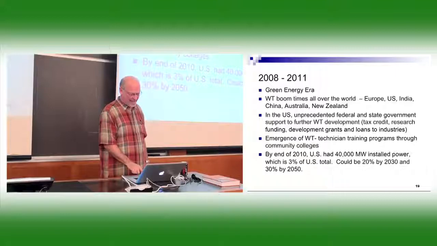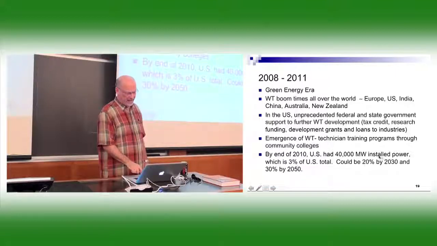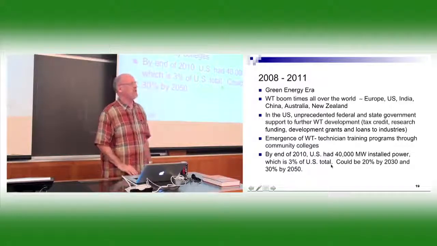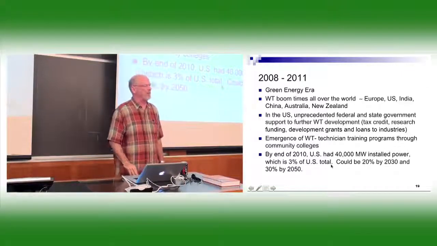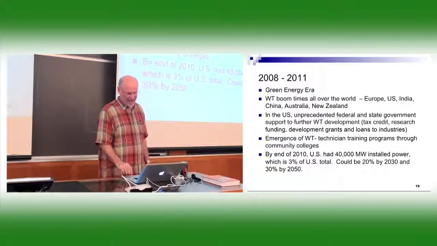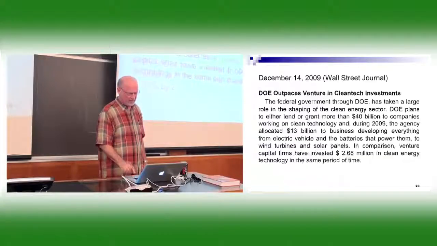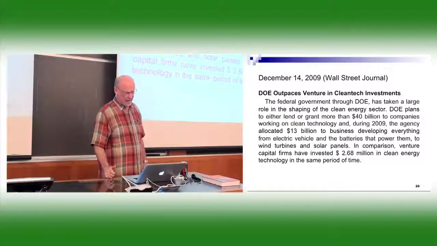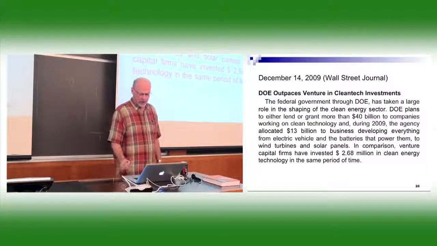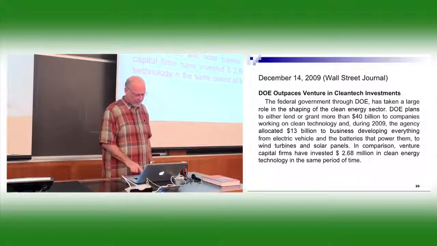So by the end of 2010, we had 40,000 megawatts installed in the United States, which is 3% of our total energy. It could be 20% by 2030, could be 30% by 2050 if we keep along the same pace that we're going. And that's sort of, I think, the goals that the government set. Wall Street Journal, here's another article.